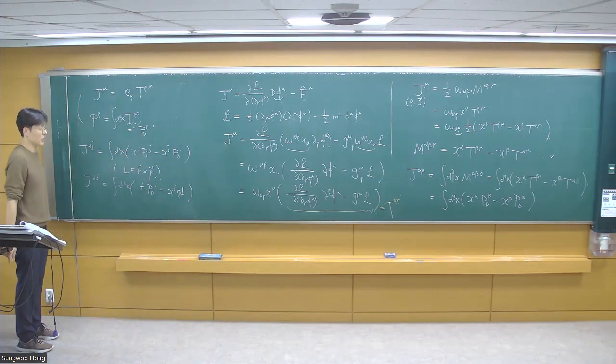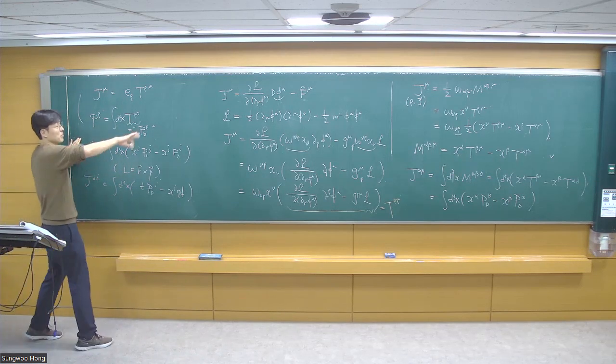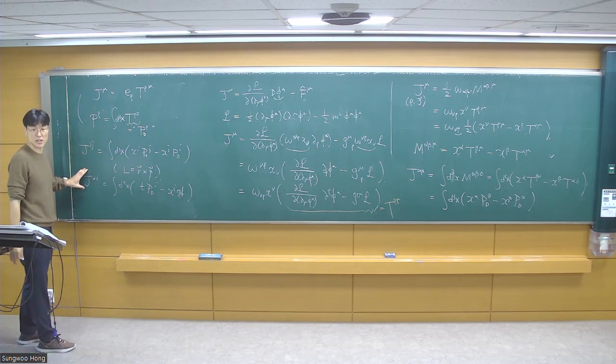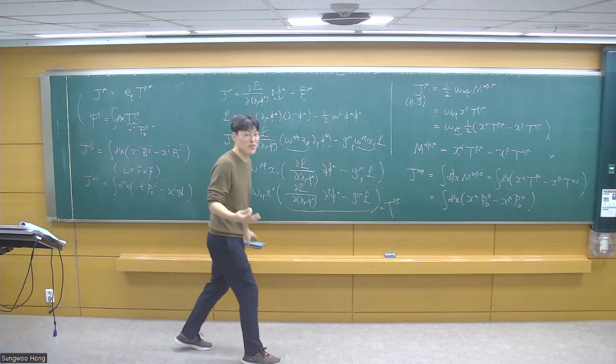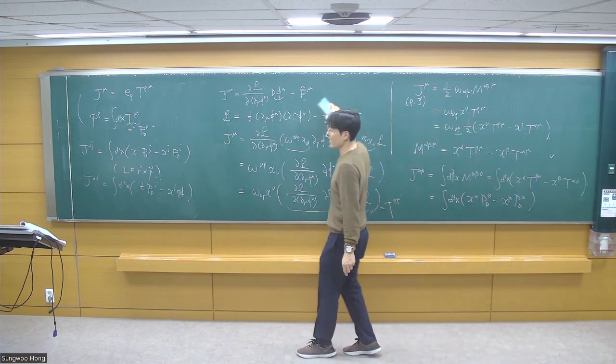Anyway, I can write the expression and give some meaning to it, but nevertheless, this is the charge associated with spatial rotation. This is the charge associated with the boost transformation. So this is called angular momentum, and this is called the boost charge. It is what it is. But I can give you more basic context for what those things are. Any questions?